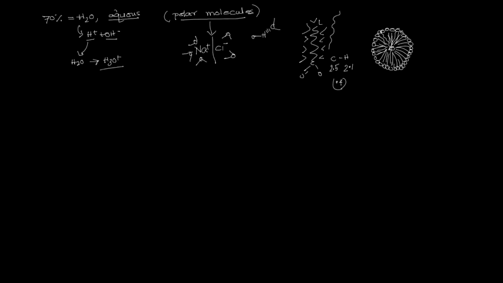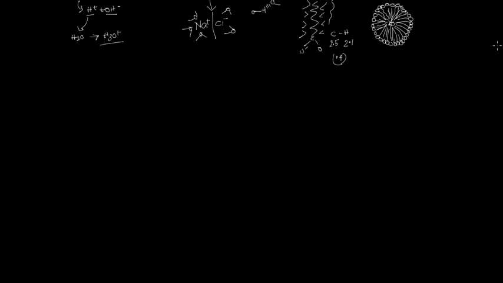Now let's consider the geometry of this water molecule. At the central position of water there is an oxygen atom, and at the two poles there are two hydrogen atoms. Each hydrogen atom shares an equal amount of electron with the oxygen atom to form the covalent bond.